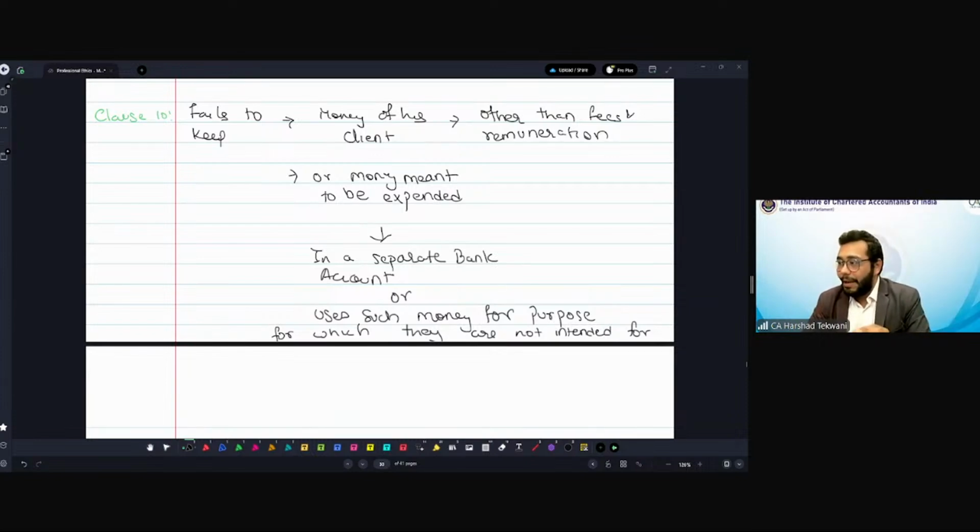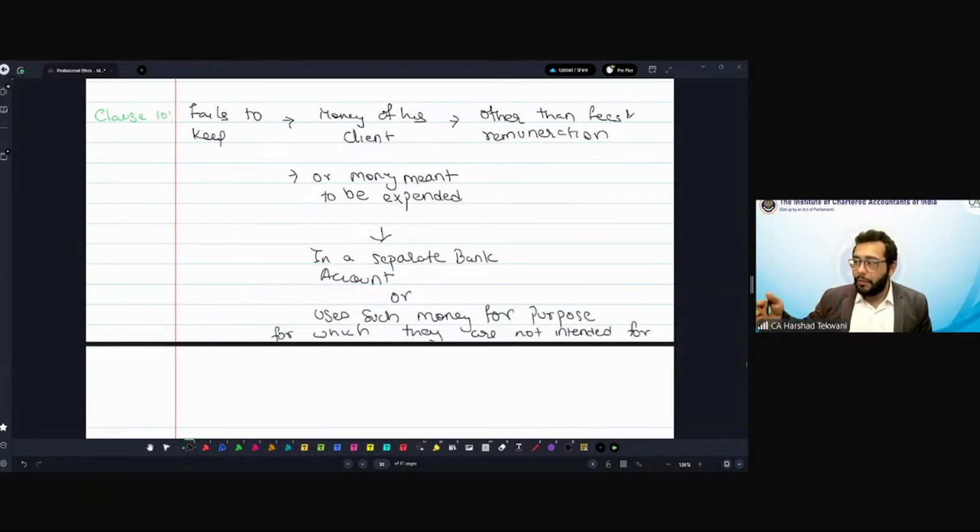Let's say, if I'm not using within a reasonable time, or if I use for any other purpose, then how can you use that money within a reasonable time? Let's say, for example, I have 100 rupees from my client. It was supposed to be for tax payment. I'm not paying the tax out of that money, but I'm doing something else. How can I then pay the tax within the reasonable time? I'm about to come on that point also.